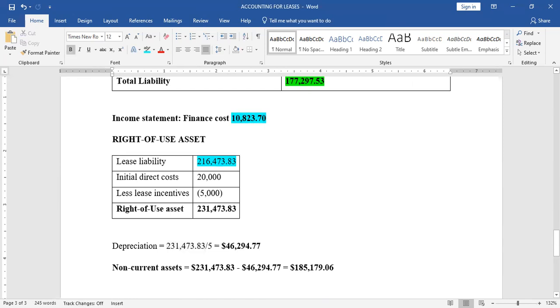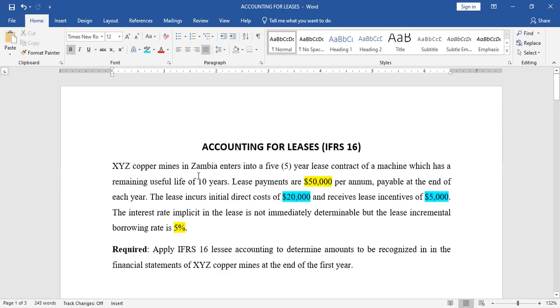Usually, most students, I want to put a precaution here. Most students go and divide by 10. 10 years, of course, is the remaining useful life of the asset, but this 10 years does not reflect the tenure which the company will have this asset in use. The tenure which the company will have this asset in use is 5 years.